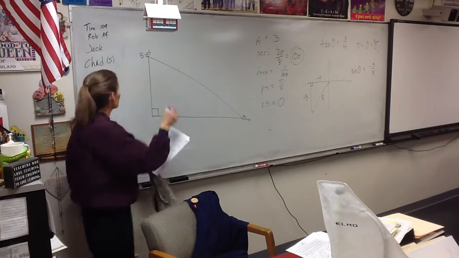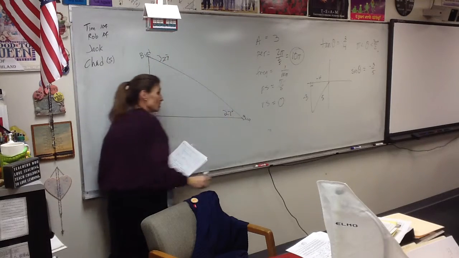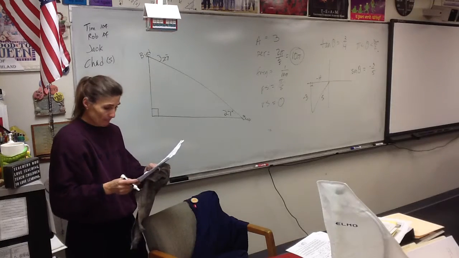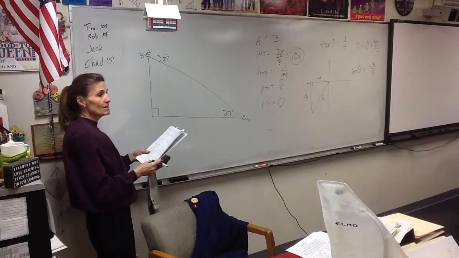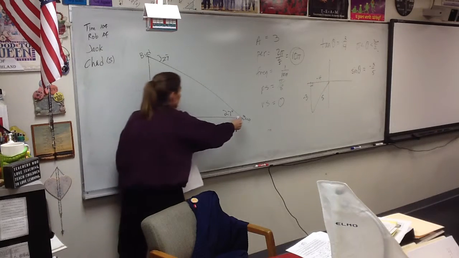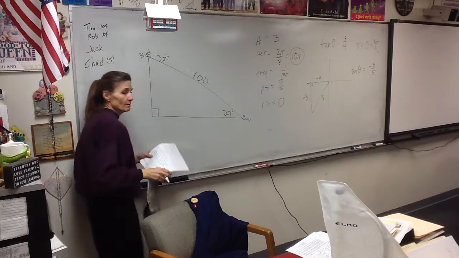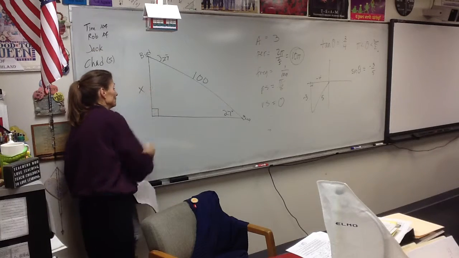His angle of depression is 27, so I'll put that 27 down here because angles of depression always match angles of elevation. The beetle is 100 meters from the bird. Here's the bug, here's the bird, this is 100 meters. Find the height of the pole.